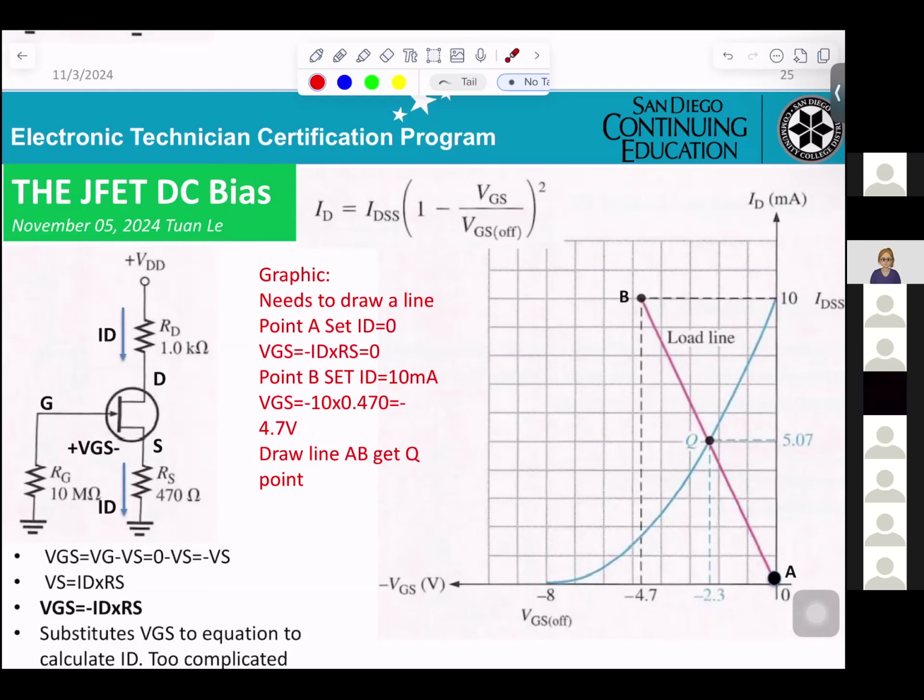Draw the line AB. The Q point will be the point where it cuts through the curve. You go to the right, you get ID. You go down, you get VGS.